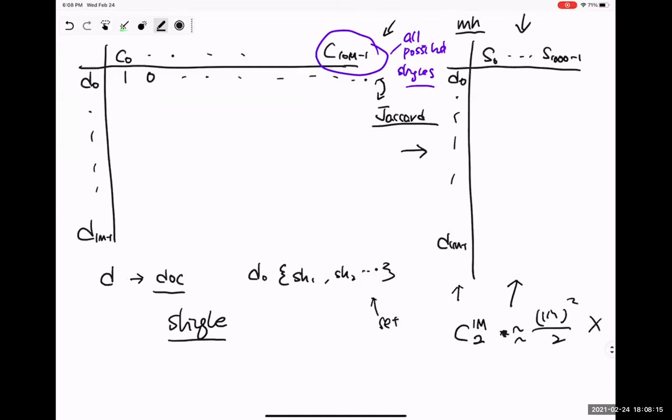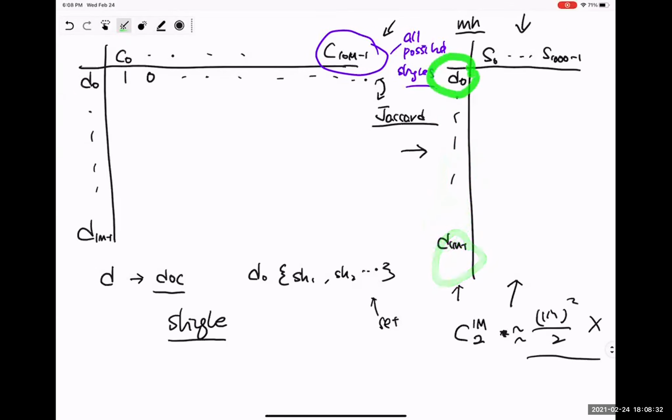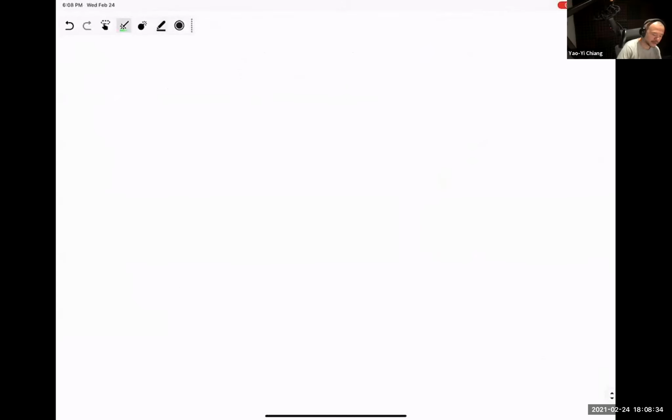And this is not good, right? So we want to have some sampling strategy to see what are the documents we really want to compare if we want to find a similar document for D0.